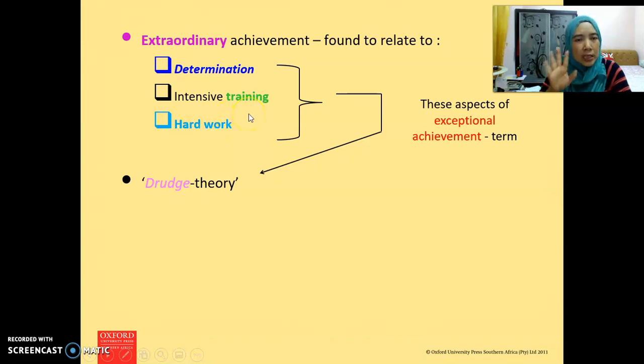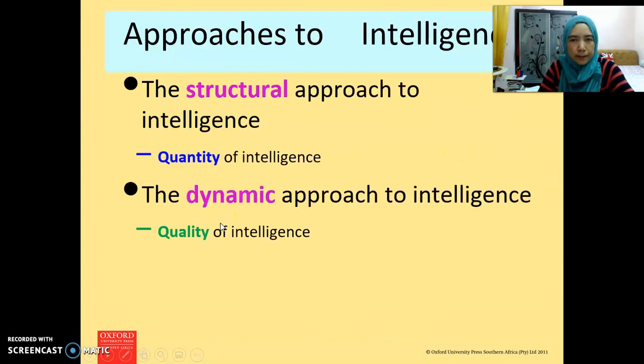If you are just intelligent without determination, training, or hard work, intelligence may play a role, but not as much as determination, intensive training, and hard work. According to Drudge theory, these three things can lead to exceptional achievement.